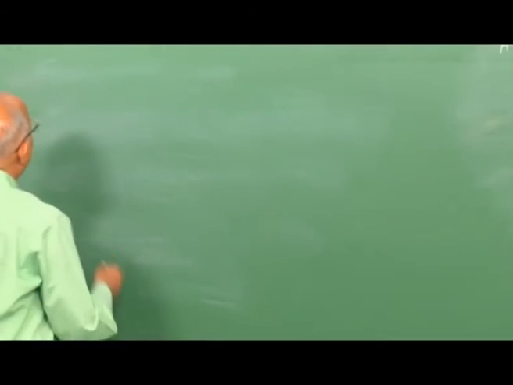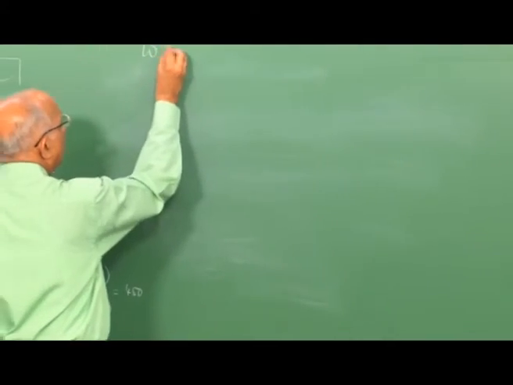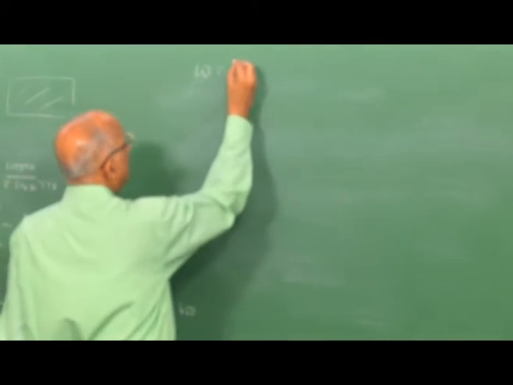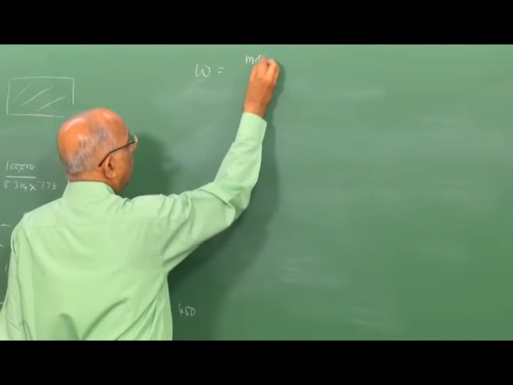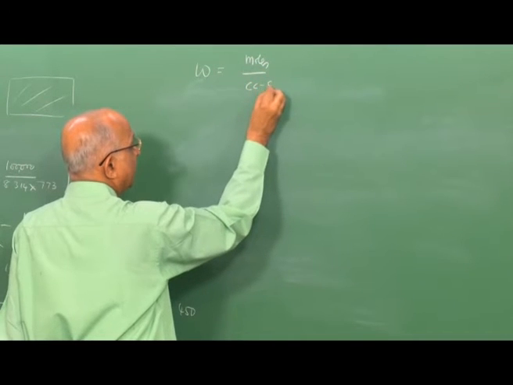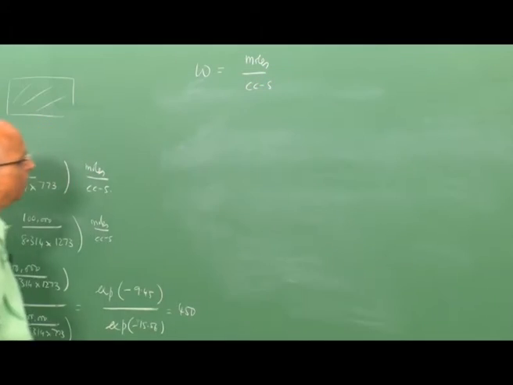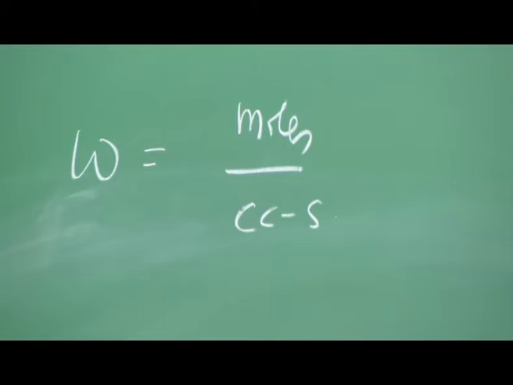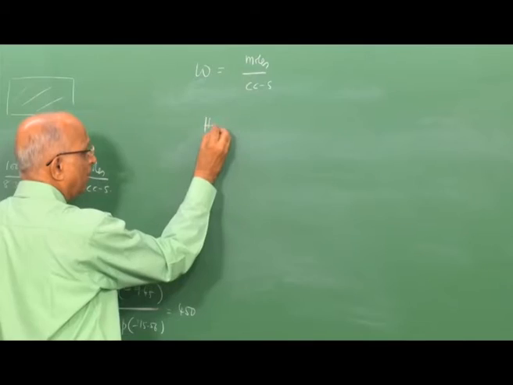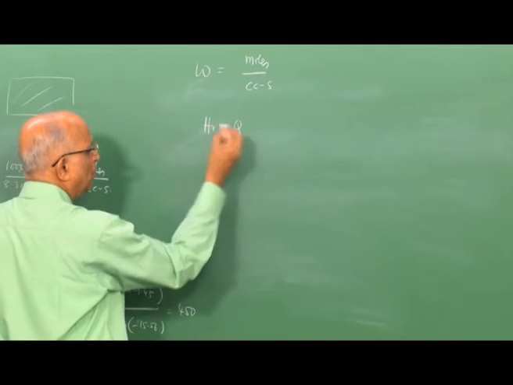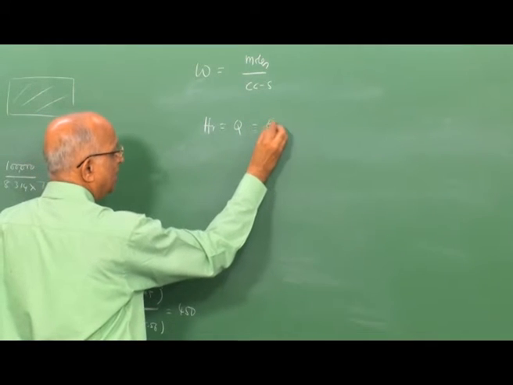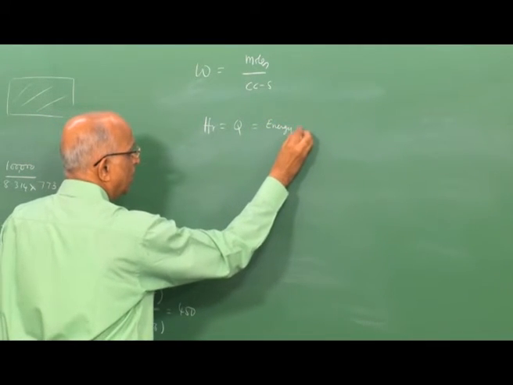We tell ourselves, I have calculated omega already, I know how to determine it, it is equal to so much moles per cc second. But we must also remember, I have already calculated HR, which we can say is equal to Q, the energy released in joules in a reaction.